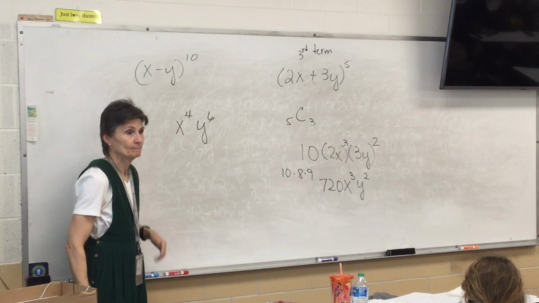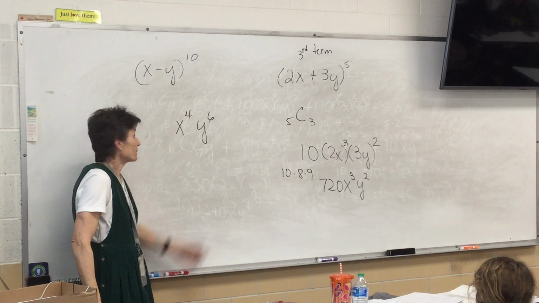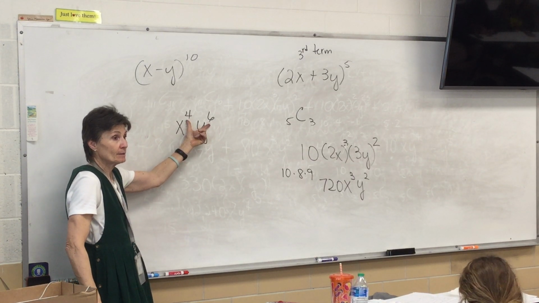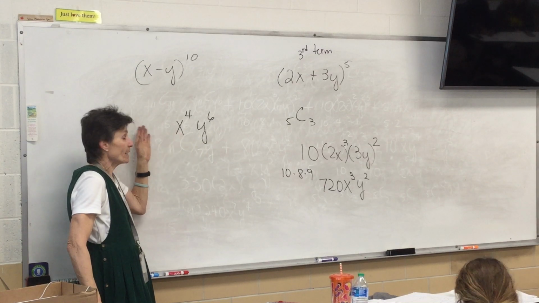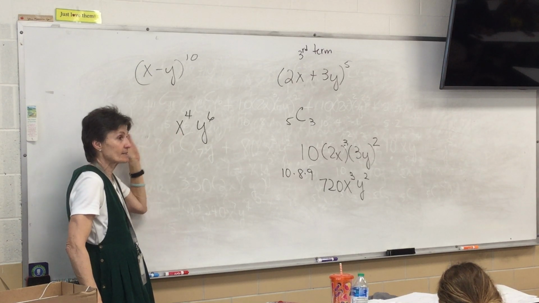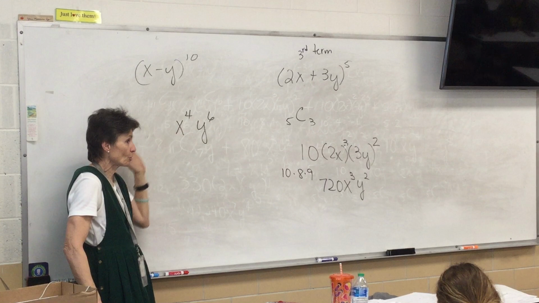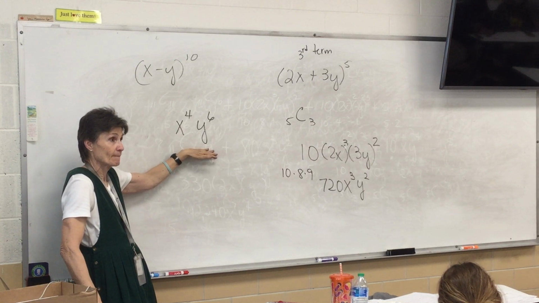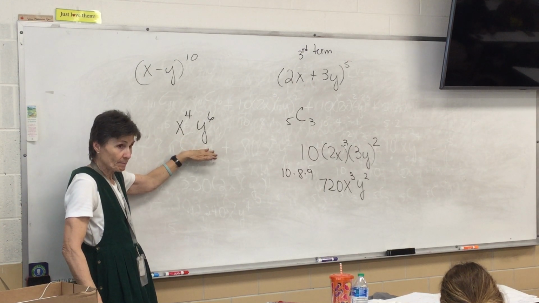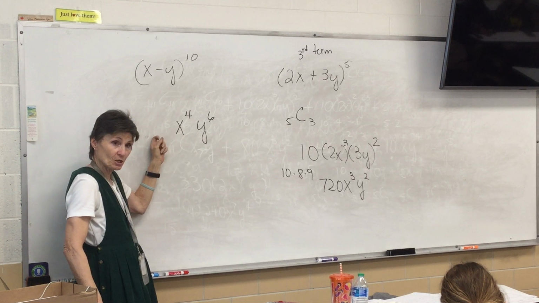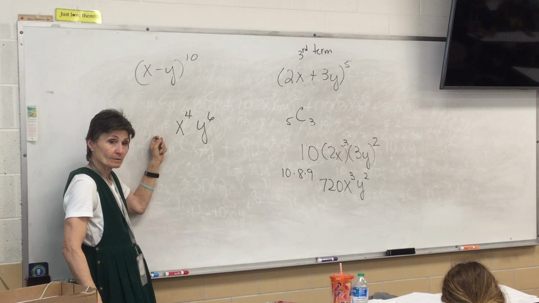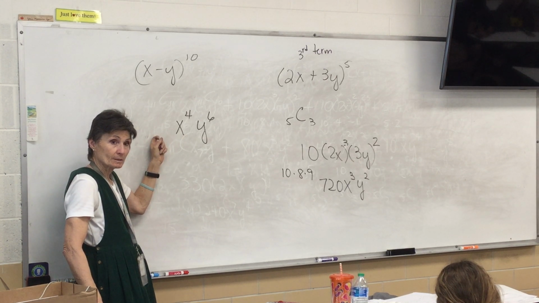Would you agree with that? Yep, because they add up to 10. So there's an x to the fifth, y to the fifth, x to the sixth, y to the fourth, and so on. There are all these terms, but there is one that looks like this. Your job is to put a coefficient on it. Okay?